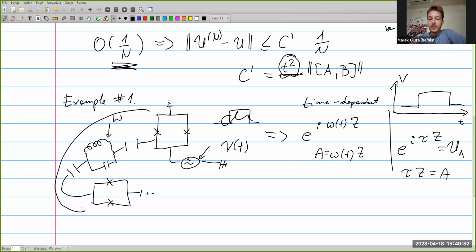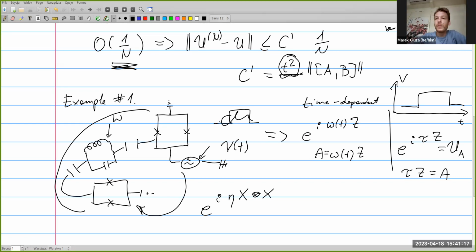So maybe I would have another operation, and that wouldn't be exactly that operation, but let's say I would have an operation of the type tau, maybe eta x tensor x. Okay, so that would be a 2-qubit operation. And for example, I could do this kind of pulsing on both qubits.